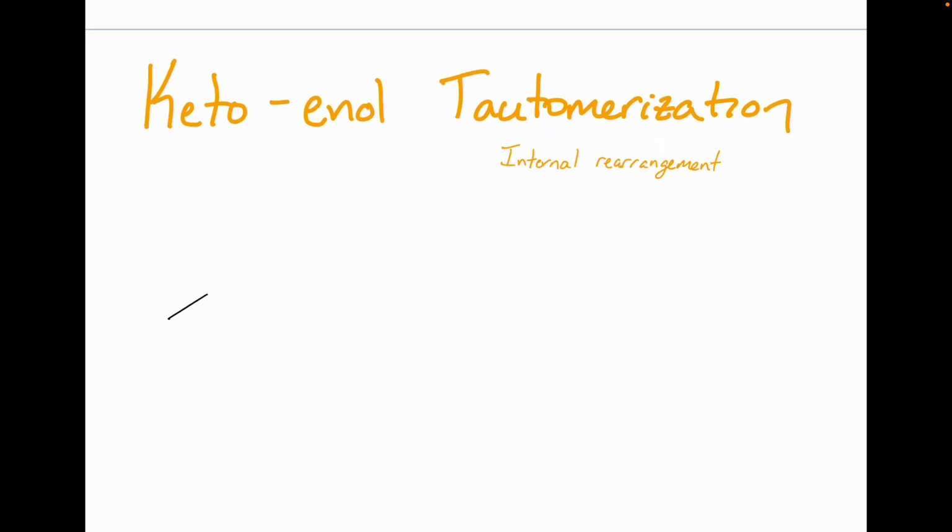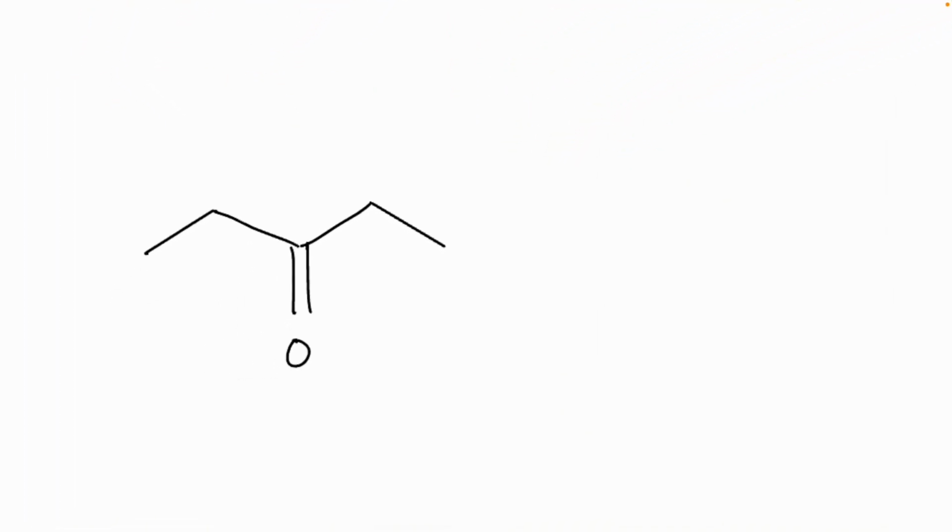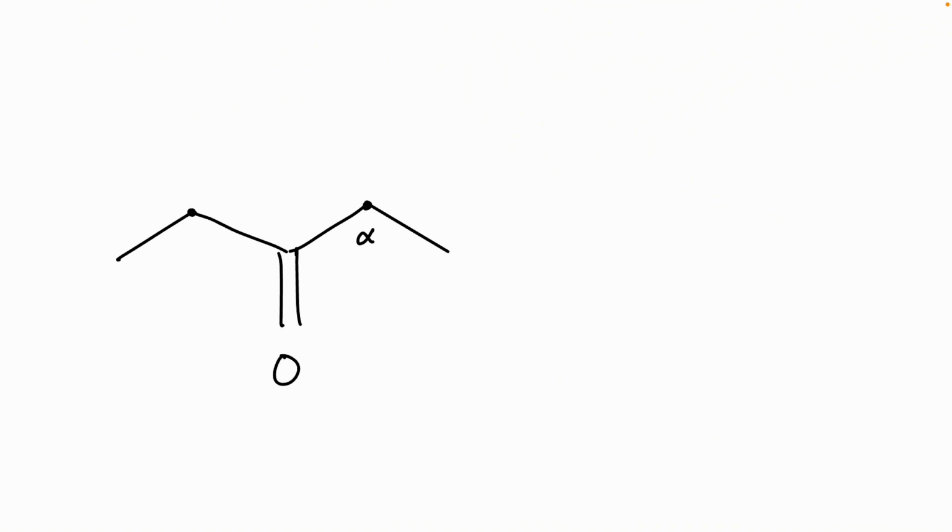Okay, so let's just take a ketone. If we look at one of these carbons next door to our carbonyl carbon, these are what are called alpha carbons here.